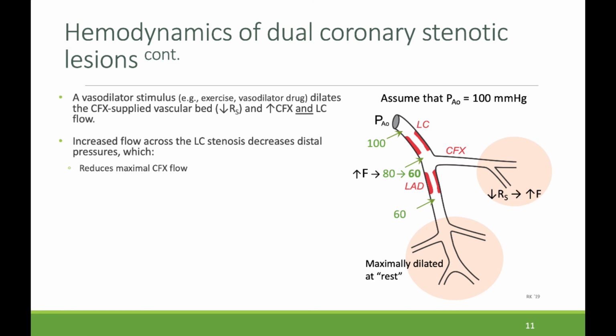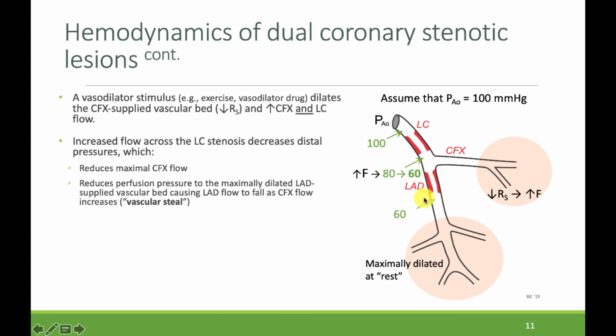As the flow increases across the circumflex artery and across the left main artery, and this pressure now falls, there also must be reduced perfusion pressure to the LAD supplied vascular bed. And I'm suggesting that that pressure might fall now to 45 millimeters of mercury, because if this pressure falls here and we have a stenotic lesion here, there still has to be a pressure drop across that lesion, and we have a lower pressure here.